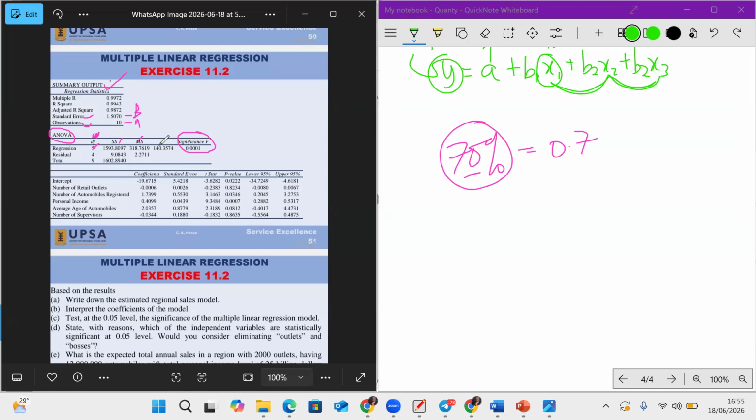Yes, sir. Good. So I can use F or I can use significance F, either. But I always prefer significance F because when I use it, I will not go to the table. When I use this F, I have to go to the table.